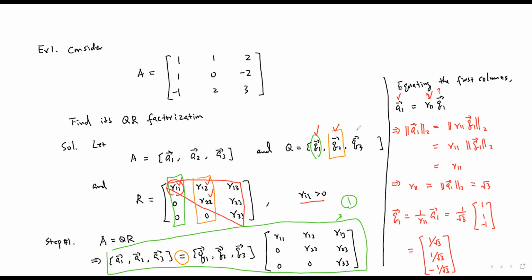Finally, determine the third column of Q and the third column of R. Now, how to tell them? Equating the third column of equation 1. This is step 3.